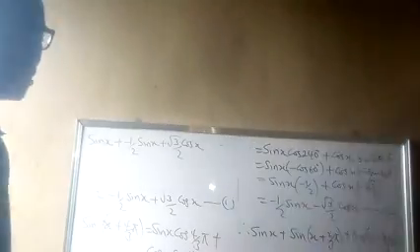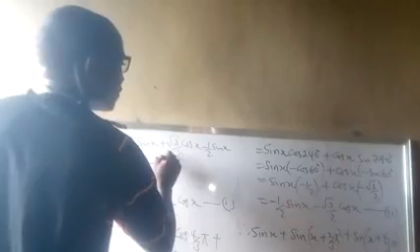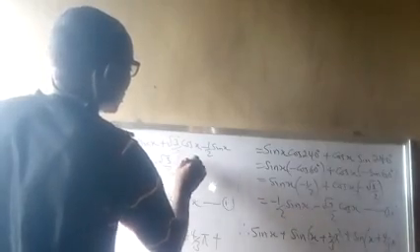Then the next one, plus the second one, which is minus half sine x, then minus root 3 all over 2 cos x.